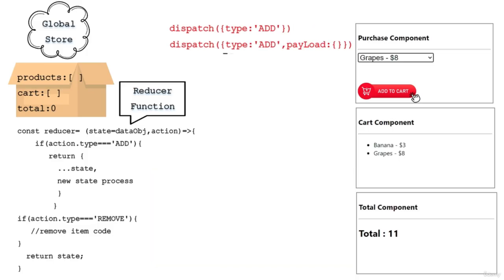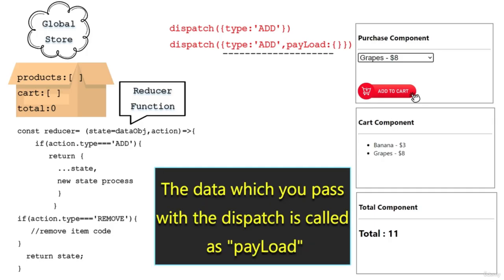Like in this second syntax, I'm supposed to add the data and there is some additional information. Here I'm passing the data which I want to add. That data which you pass with the dispatch is called payload. You can name it whatever you want to.